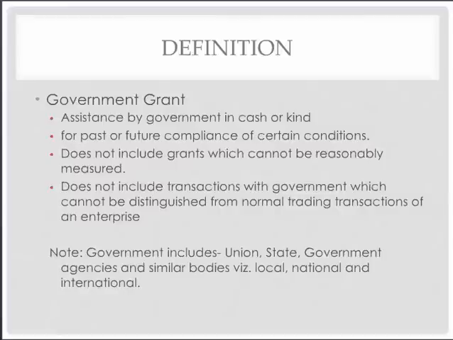And only if you are able to reasonably measure government grants should you recognize them. Okay, government includes union government, state government, government agencies and similar bodies, whether local, national or international.